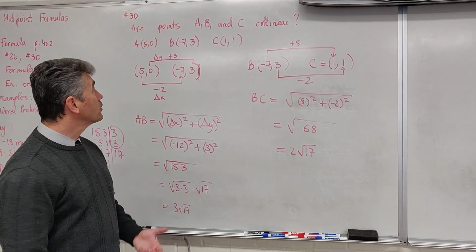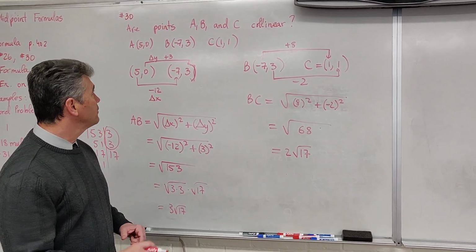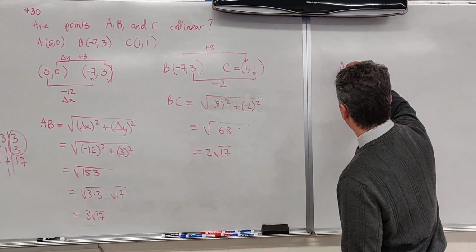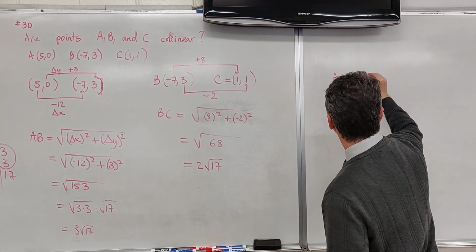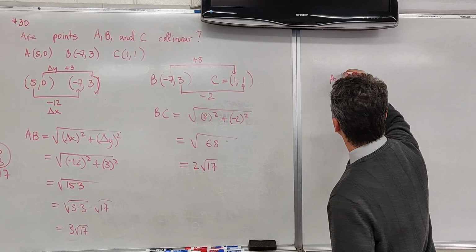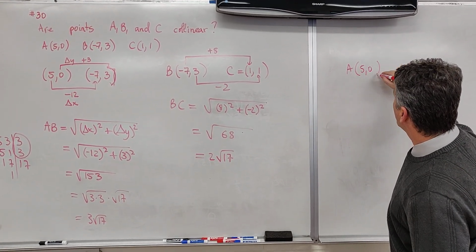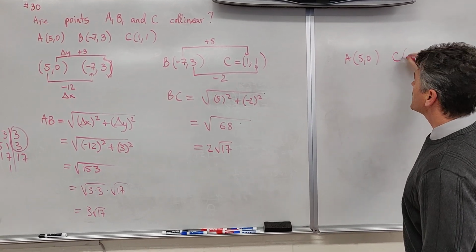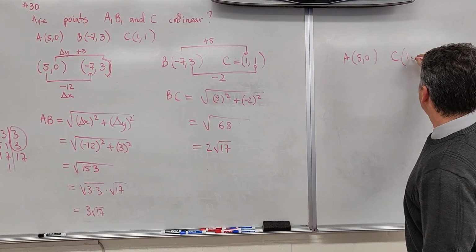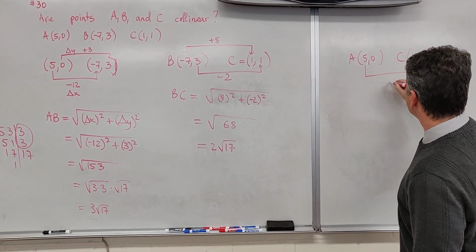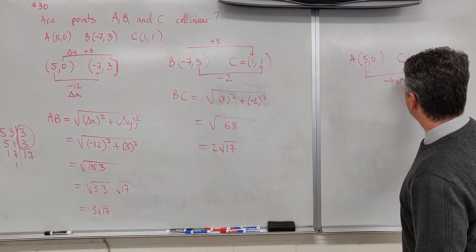Then the last thing that we're going to do is find the distance between A and C. We're going to write down the coordinates of A, 5, 0. We're going to write down the coordinates of C, 1, 1. We're going to notice the change in X, negative 4.